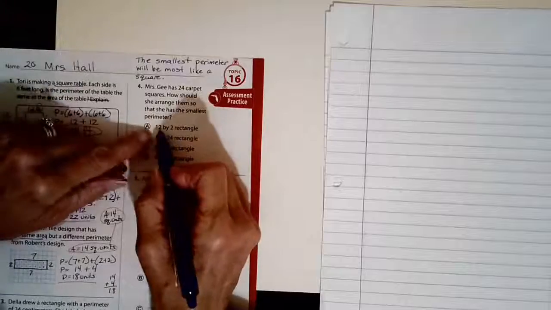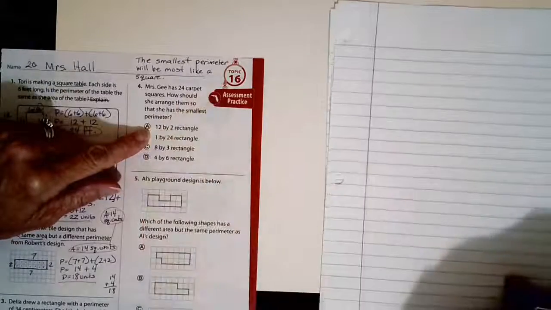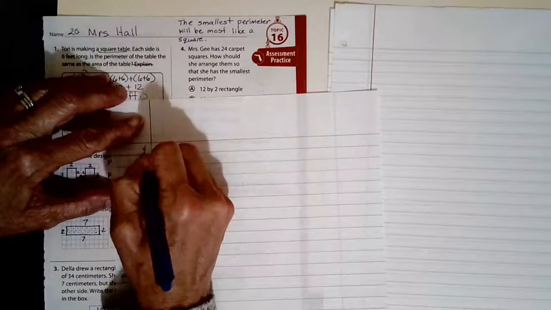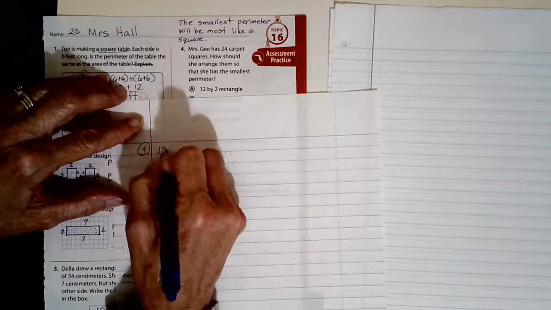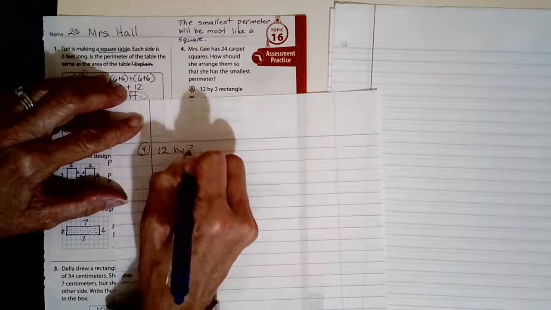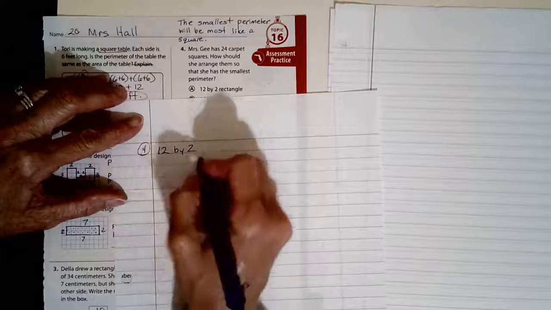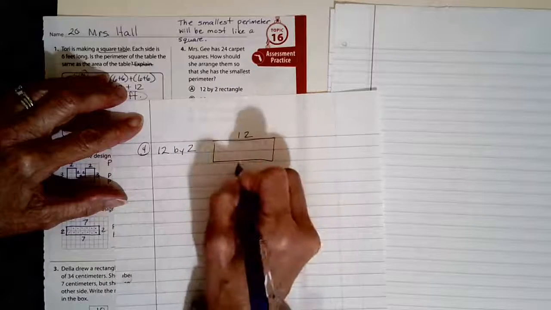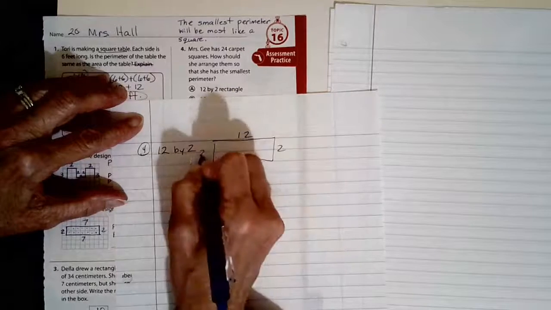If we have a 12 by 2 rectangle, let's get our extra sheet of paper that I told you you would need. And we're doing number 4. And we have a 12 by 2 rectangle. That means that our rectangle looks like this. It's 12 on the top and the bottom and 2 on each side.